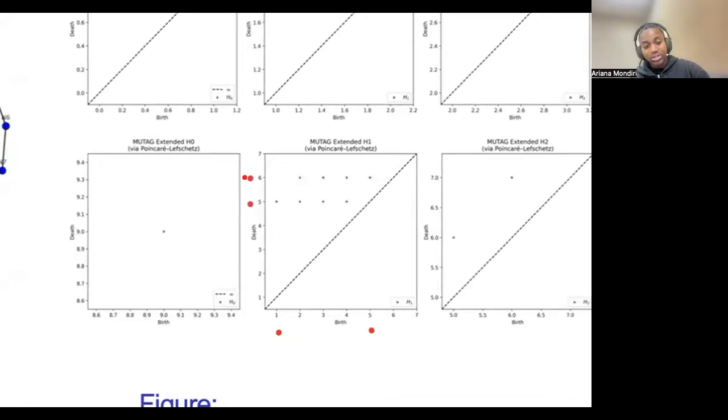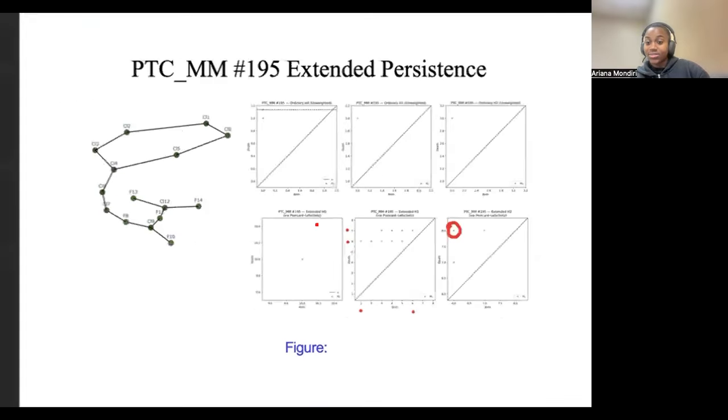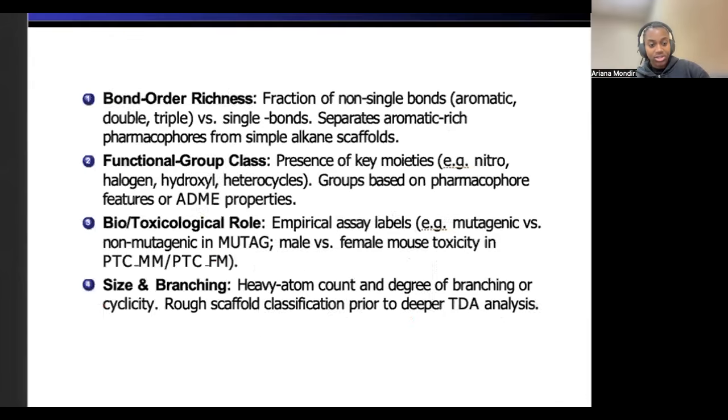Other than that, all the other diagrams are similar, outside of the diagram for the homology group 2 using the extended persistence. The molecule 195 has an extra feature here, but it basically tells us that we're able to capture some differences across molecules, and this gives potential to some classification tasks.